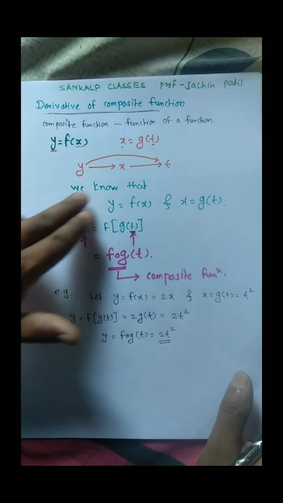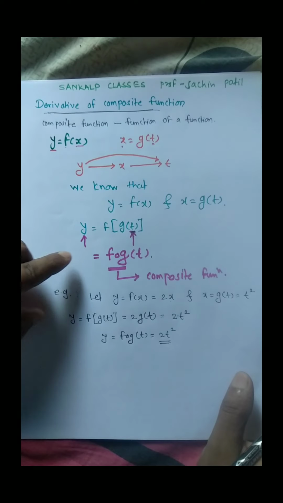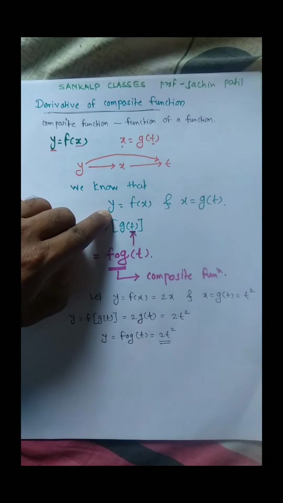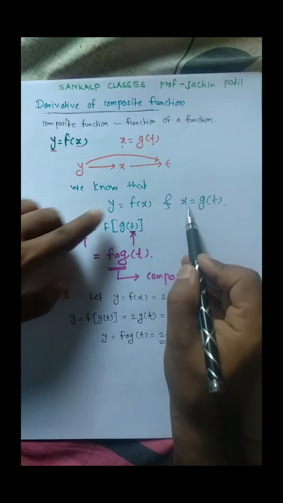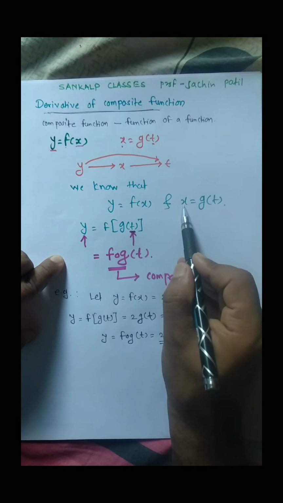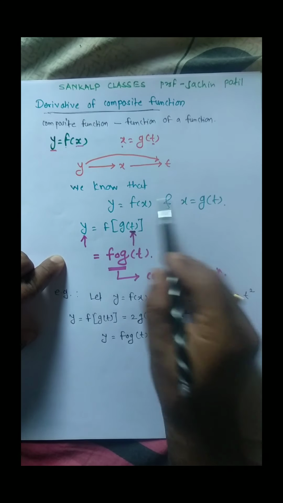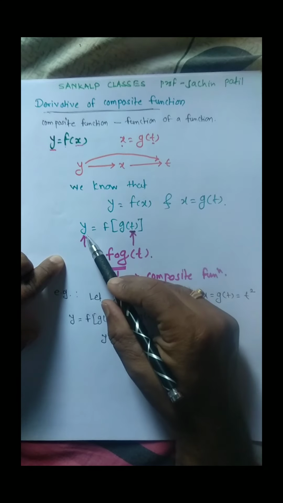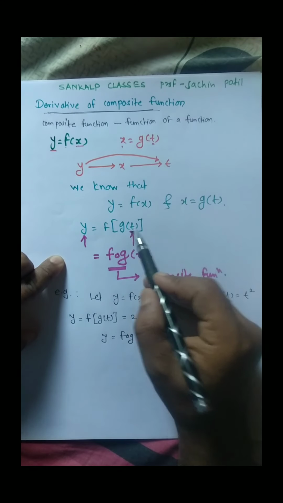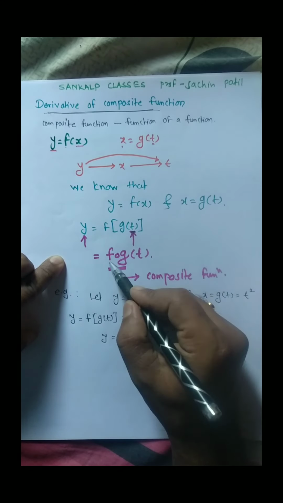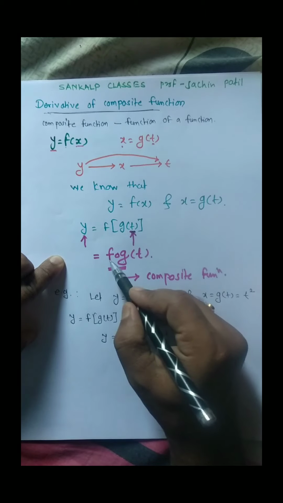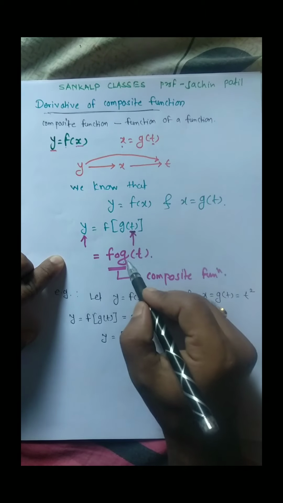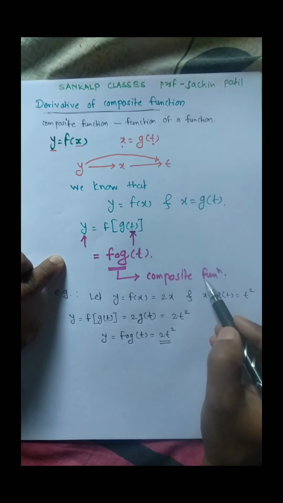At that time this is nothing but a composite function, which is written as y is equal to f of x and x is equal to g of t. We put x is equal to g of t inside the function f of x, and you get y is equal to f of g of t, which is nothing but a composite function.